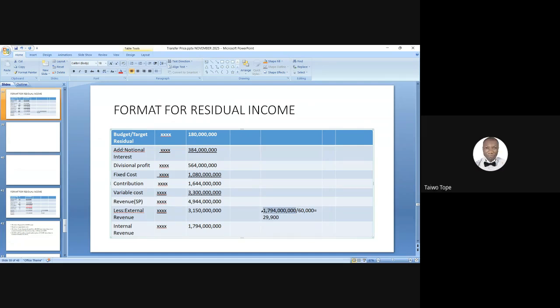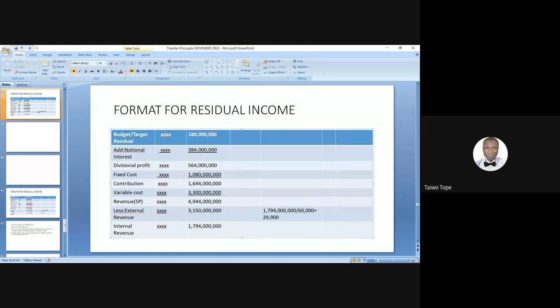So why are we doing this? We are following this approach because we are looking at the price that will make the organization meet the target residual income of 180 million. Once the question says target residual income, we apply this format based on transfer pricing.